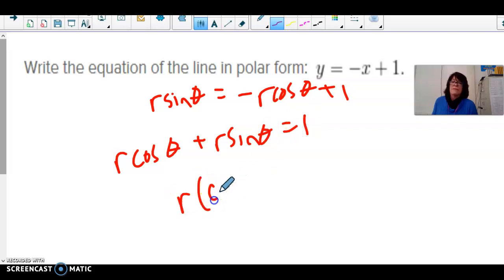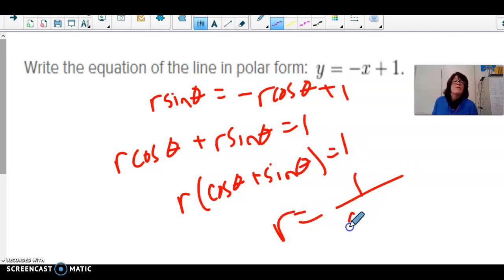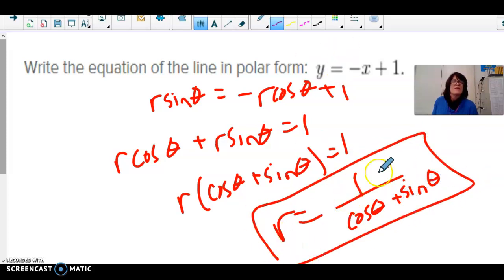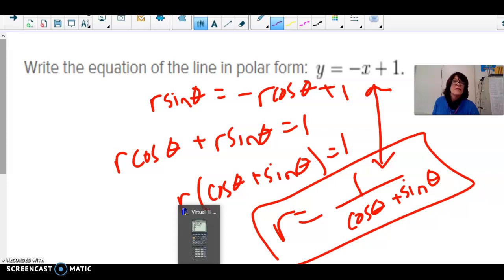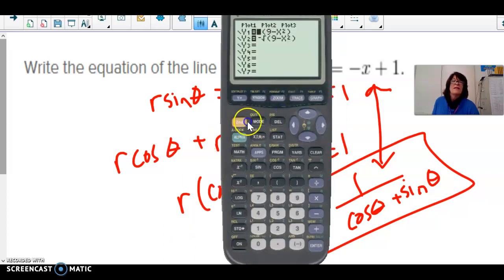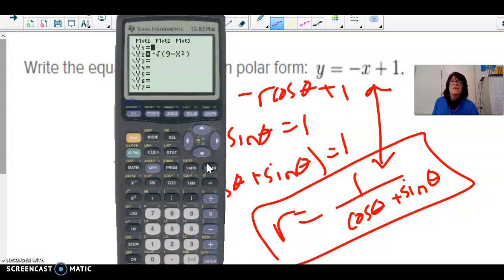Factor your r out. And divide. So you have 1 over cosine theta plus sine theta. This equation and this equation will give you the same thing. Again, you can test it graphically. Of course, we know what y equals negative x plus 1 looks like. Not really going to waste time with that.